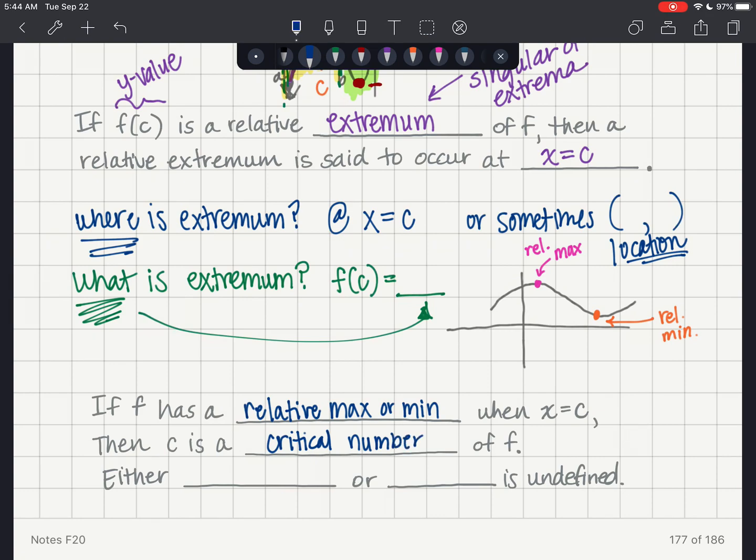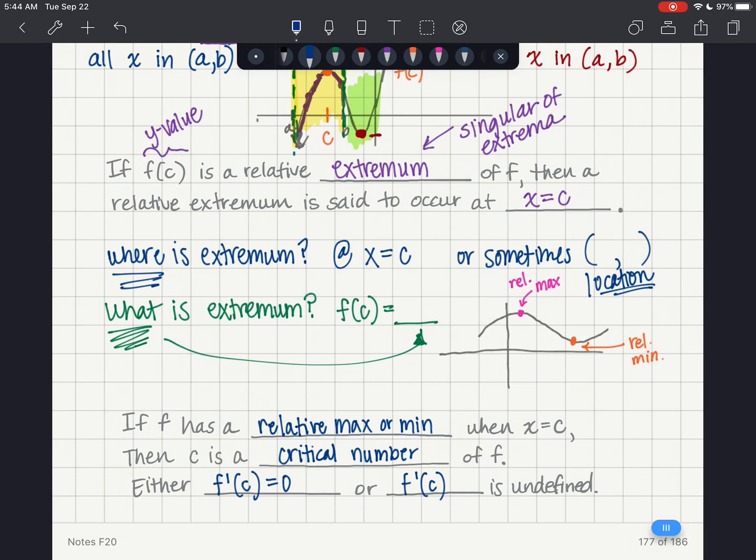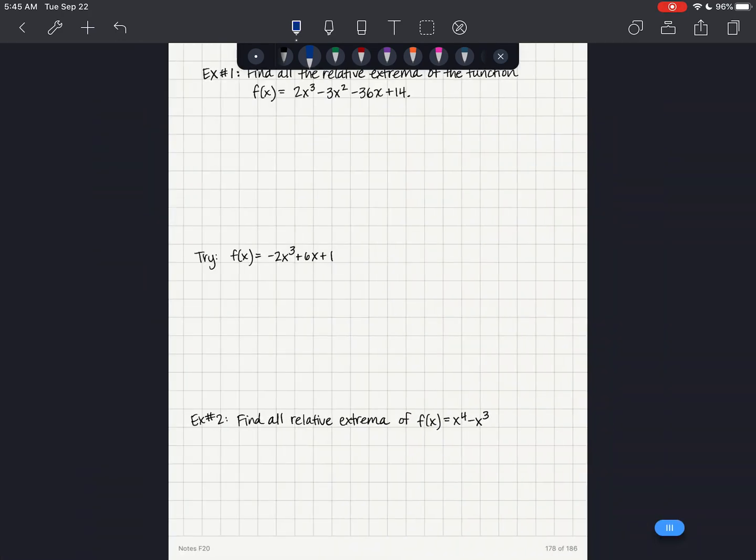C is a critical number of f. Either f prime of c is equal to 0, or f prime of c is undefined. So critical numbers come from f prime of c being 0 or undefined. It all has to do with that first derivative.